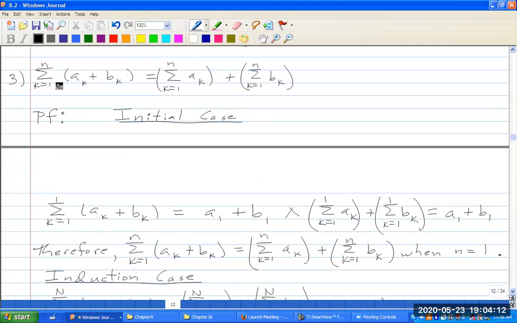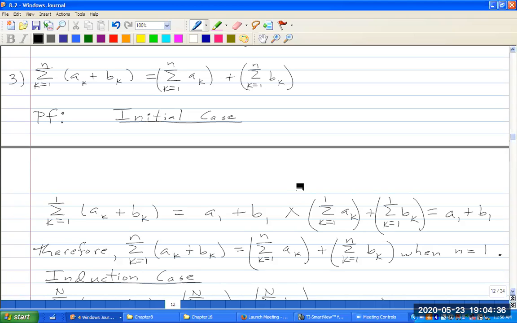The sum. So the series of a sum is the sum of these series. And so let's show that. So let's replace n here by 1. And so the sum k equaling 1 to 1 of a sub k plus b sub k is just a1 plus b1.